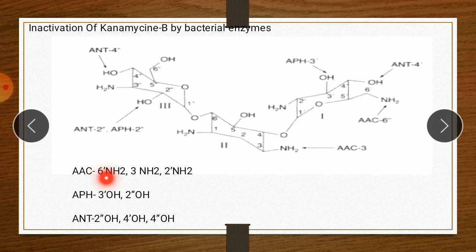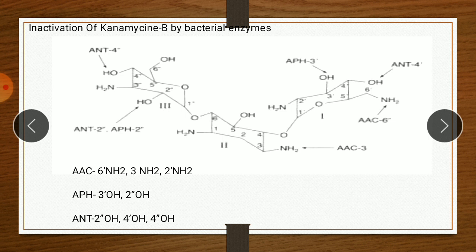In case of AAC, the main targets are the 6' amino group, 3 amino group, and 2' NH2 group. The target of APH is the 3' hydroxyl group and 2'' hydroxyl group. Targets for ANT are the 2'' hydroxyl group, 4' hydroxyl group, and 4'' hydroxyl group.